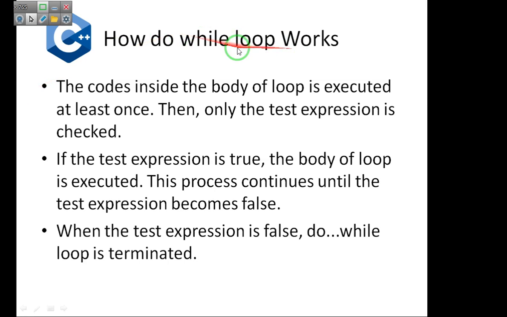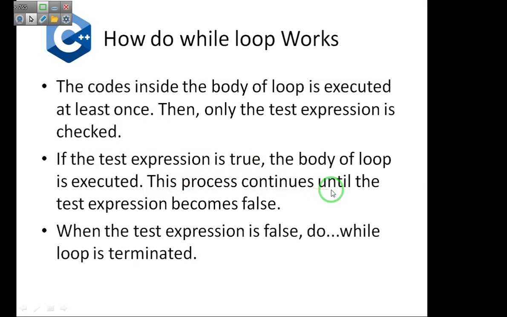Okay, how does do while loop work? The code inside the body of loop is executed at least once, then only the test expression is checked. So whatever statement we have, it will be executed once and then later it will check the condition. If the test expression is true, the body of loop is executed.